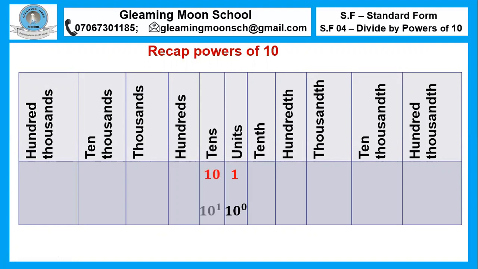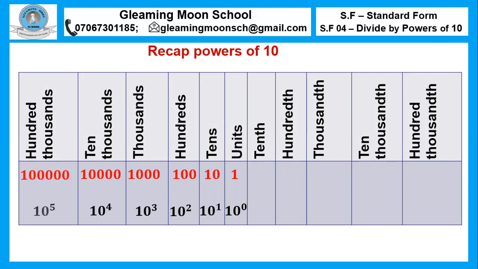And as a power of 10, 10 raised to the power of 1. To go to hundreds, we multiply again by 10, that's 100, which is 10 to the power of 2. And then to 1,000, multiply by 10, which is 1,000, and that's 10 to the power of 3. For 10,000, we multiply by 10 to get 10,000, which is 10 to the power of 4. And then multiply again by 10 to get 100,000, which is 10 to the power of 5.